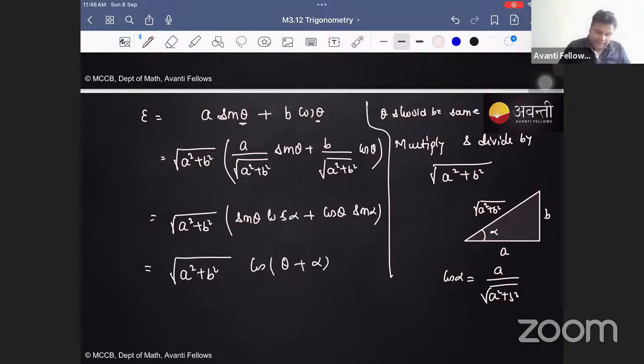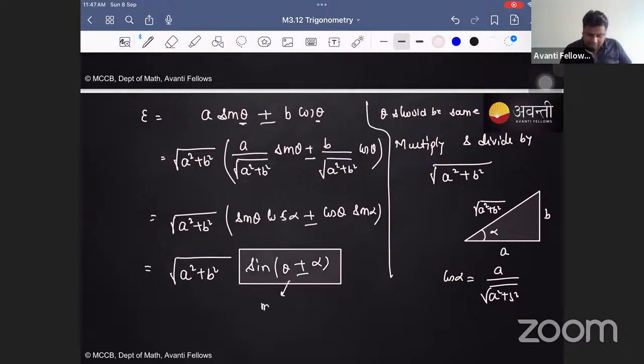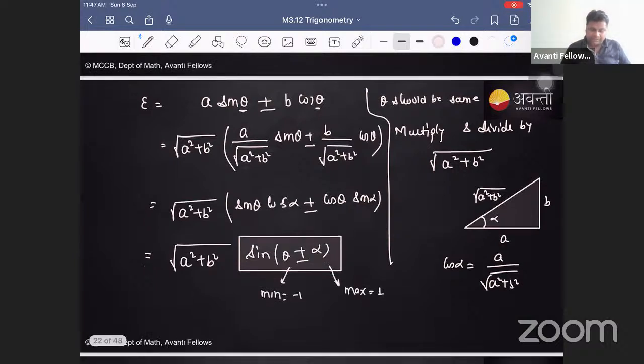Now see, had there been a negative sign, it would be sine theta minus alpha, or sine theta plus alpha. Now if you see the maximum value of this, its minimum value is minus 1 and its maximum value is 1.